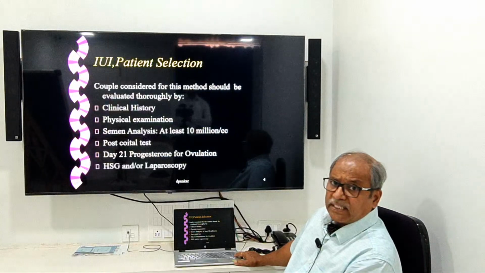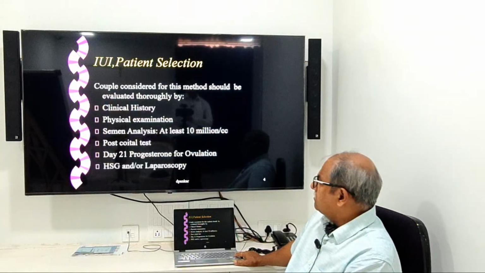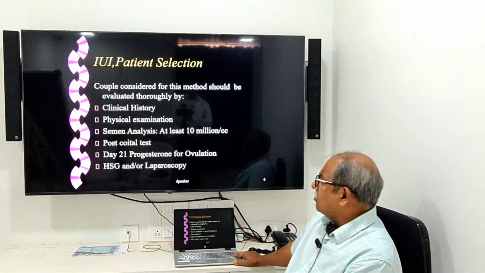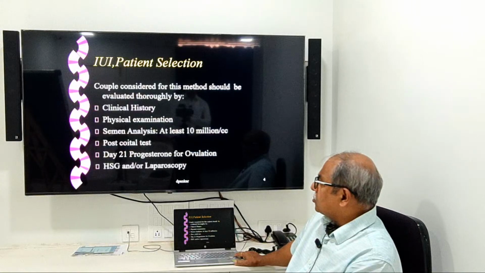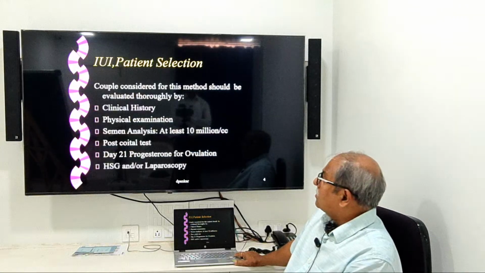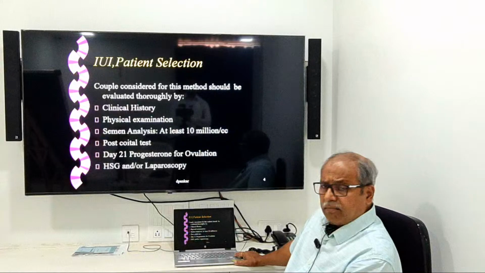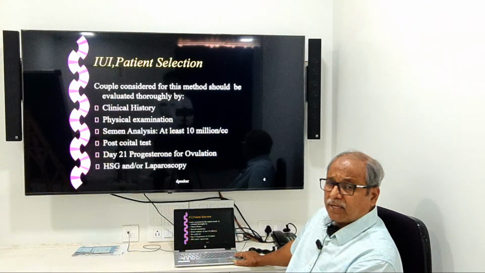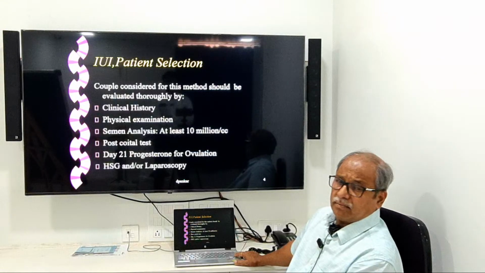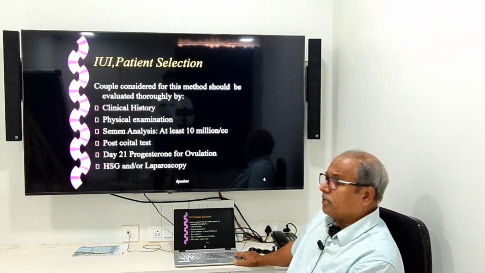Postcoital test, whether it is necessary or not, we will come to that point. Day 21 progesterone for ovulation, should we do it or not? And HSG or laparoscopy. These are very important for patient selection. Even a simple HSG gives an idea whether you should go for IUI with this couple or not.